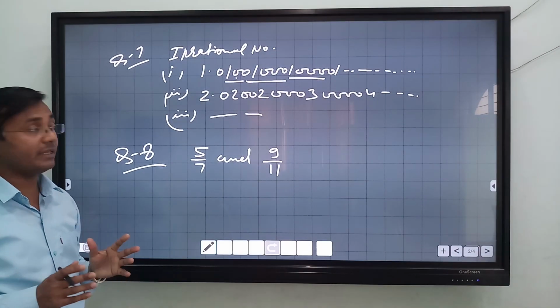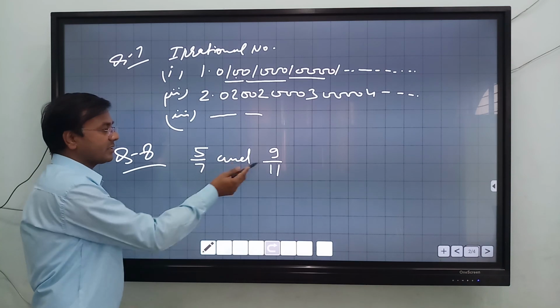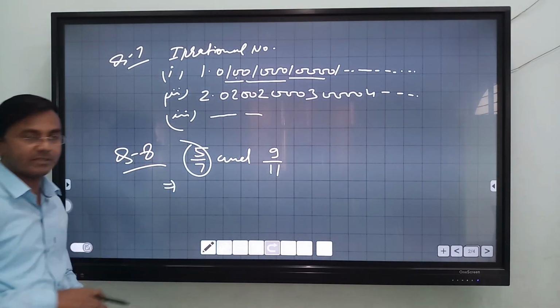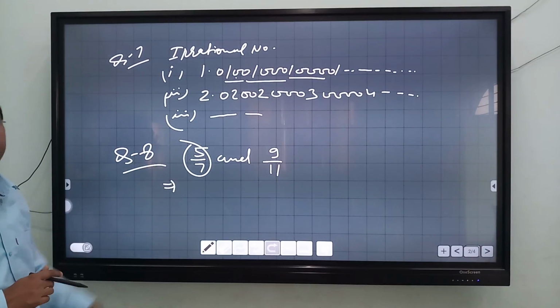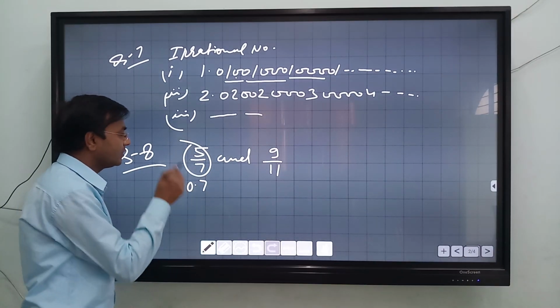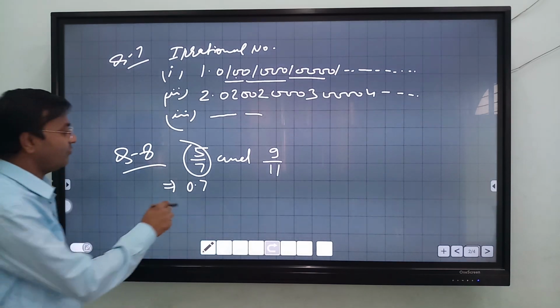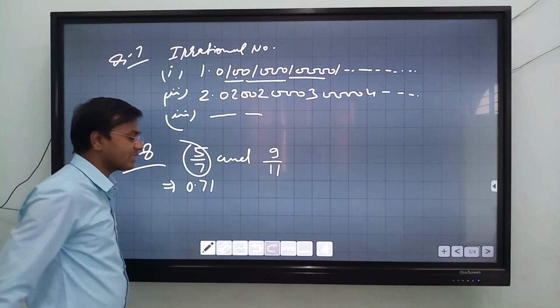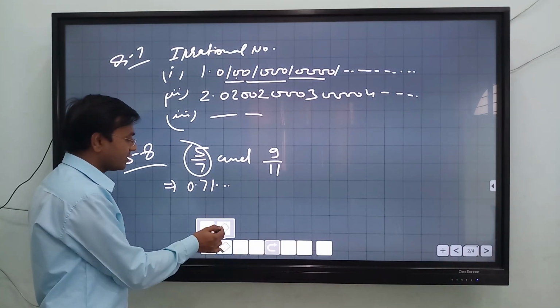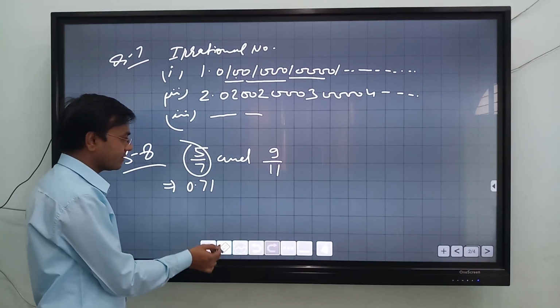Now we have to write irrational numbers in between this range. First of all we have to simplify this, that is, get this number in decimal form. So divide: 7 7s are 49, then 1 0, 7 1s are 7, and so on, okay. Just 2 places is sufficient.